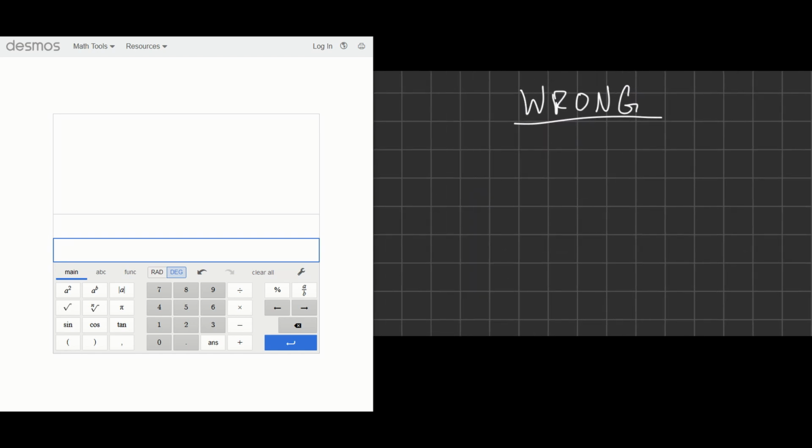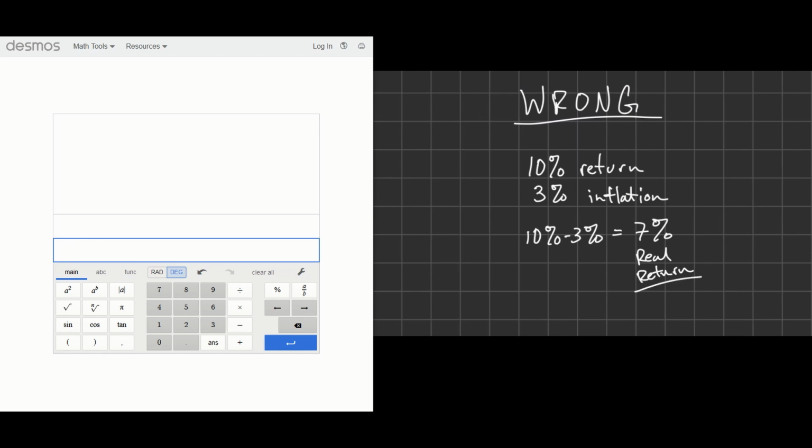The wrong way that people do this is they say I have a 10% return, and then I have 3% inflation. So what they do is they just say 10% minus 3% is equal to 7%. So I have a 7%, what they call a real return or inflation adjusted return.